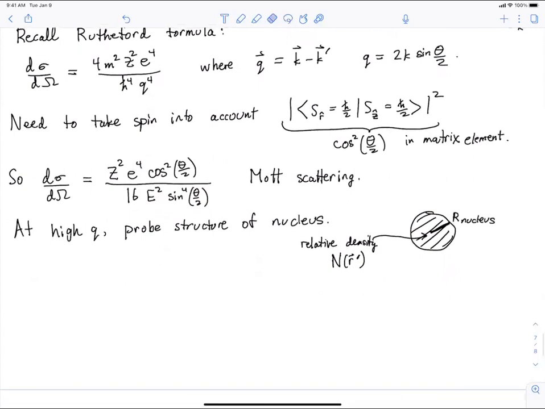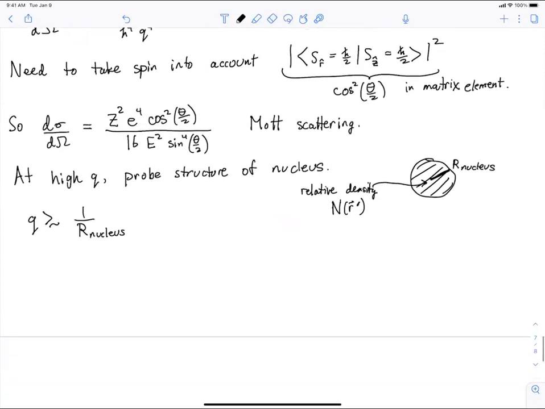Okay, so to probe this, you need Q to be bigger than about 1 over the size of the nucleus. Okay, and so that's a very small scale, but if we put in a large enough energy, then we can actually see what's going on inside the nucleus.